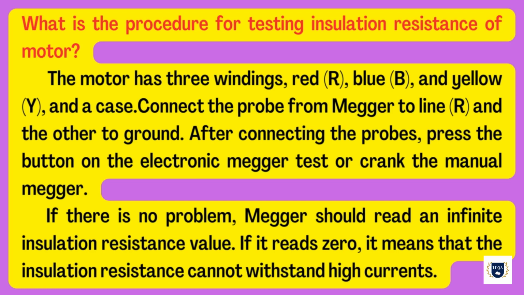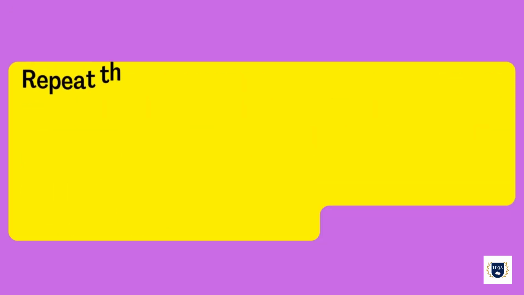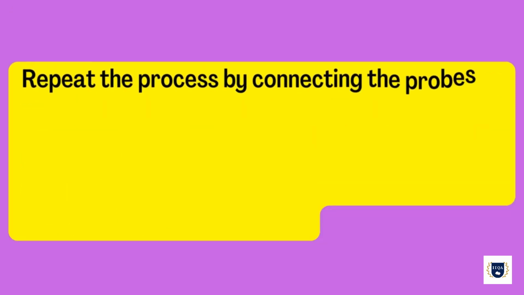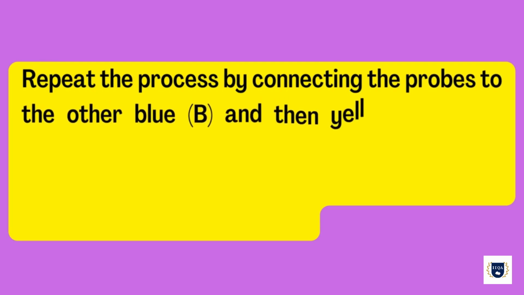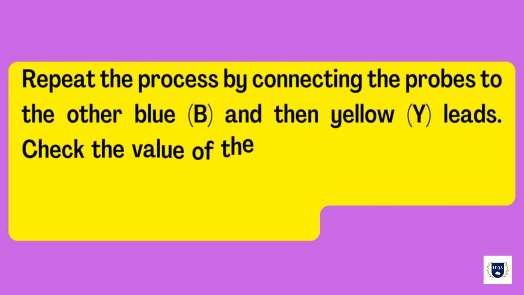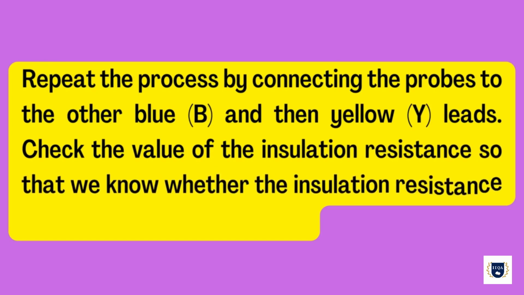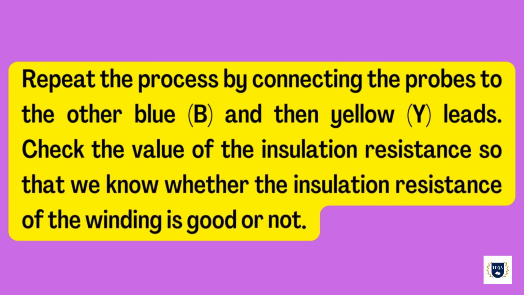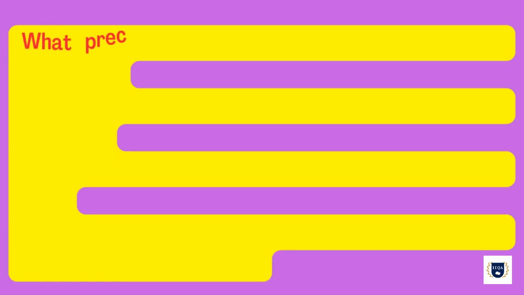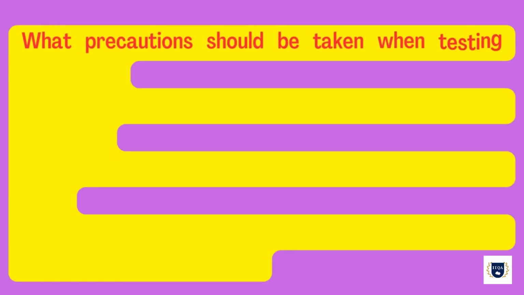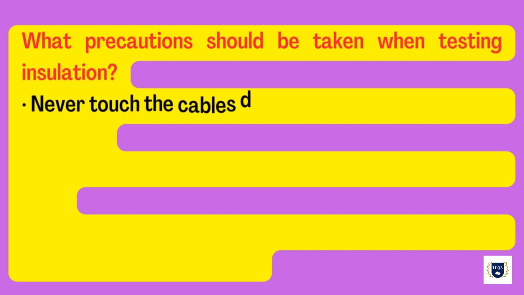If it reads 0, it means that the insulation resistance cannot withstand high currents. Repeat the process by connecting the probes to the other blue, B, and then yellow, Y, leads. Check the value of the insulation resistance so that we know whether the insulation resistance of the winding is good or not.